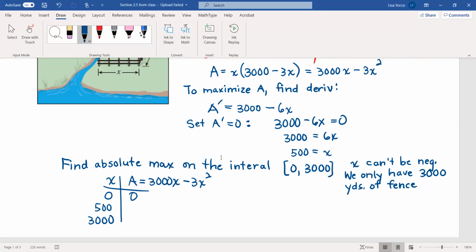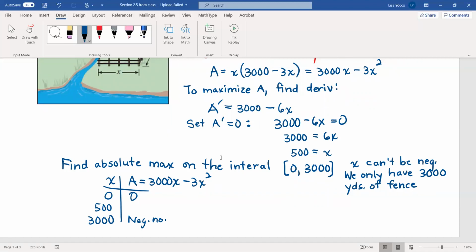And then if x is 3,000, that's not even possible. That's going to give me a negative number. Because if x is 3,000, you've already gone over. You have 3 lengths of 3,000. That's not possible either.